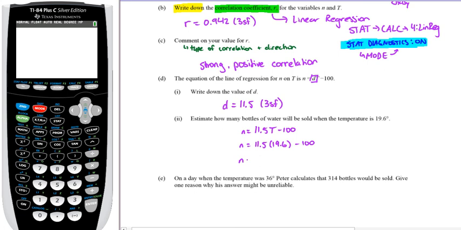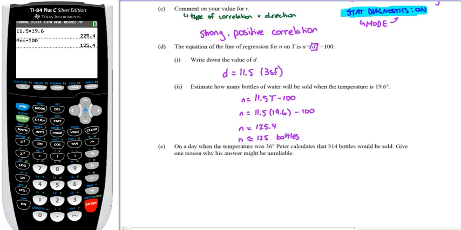So we have 11.5 times 19.6, and then we're going to subtract 100 from that. So our estimate, even though it's 125.4, we'd probably estimate that approximately 125 bottles will be sold on that day, because we can't really sell a fraction of a bottle.